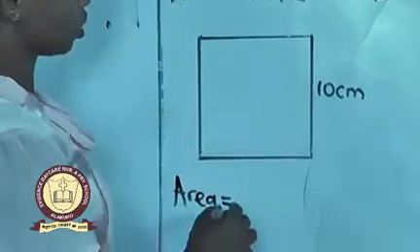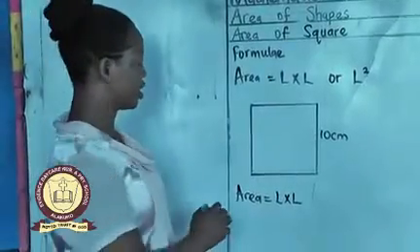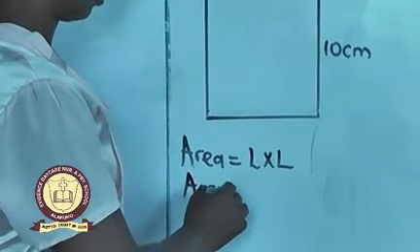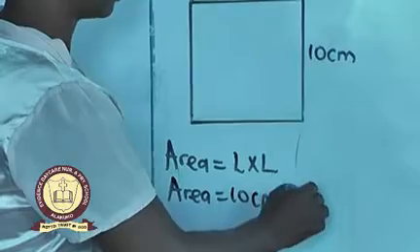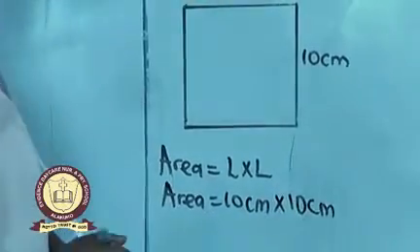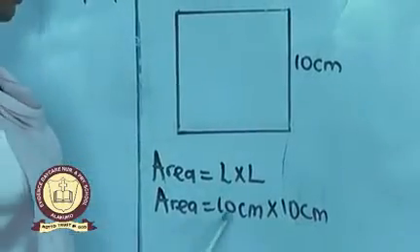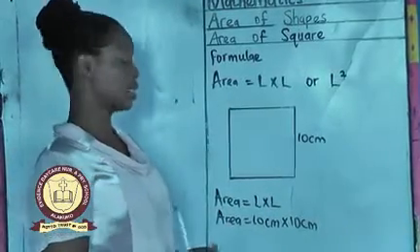The area is equal to length times length, which is 10 centimeter times 10 centimeter. Now we have 10 times 10 to give us 100.